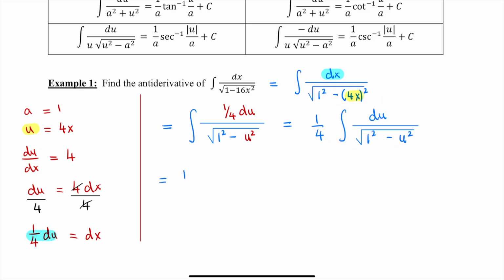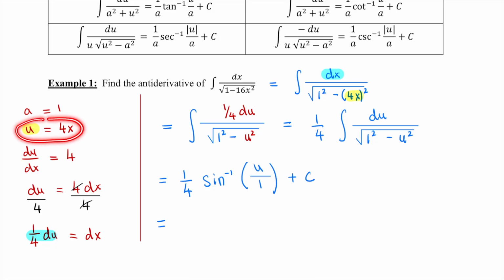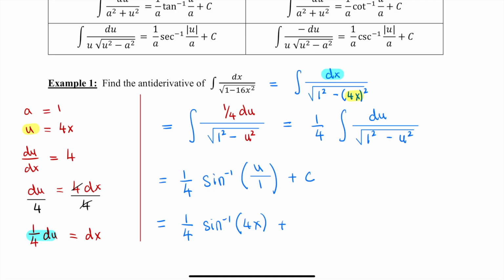So we have 1/4 times sine inverse of u over 1 plus c. Remember, u equals 4x, so we'll replace u with 4x, and 4x over 1 is just 4x. So we have 1/4 times sine inverse of 4x plus c. And this is our final answer.